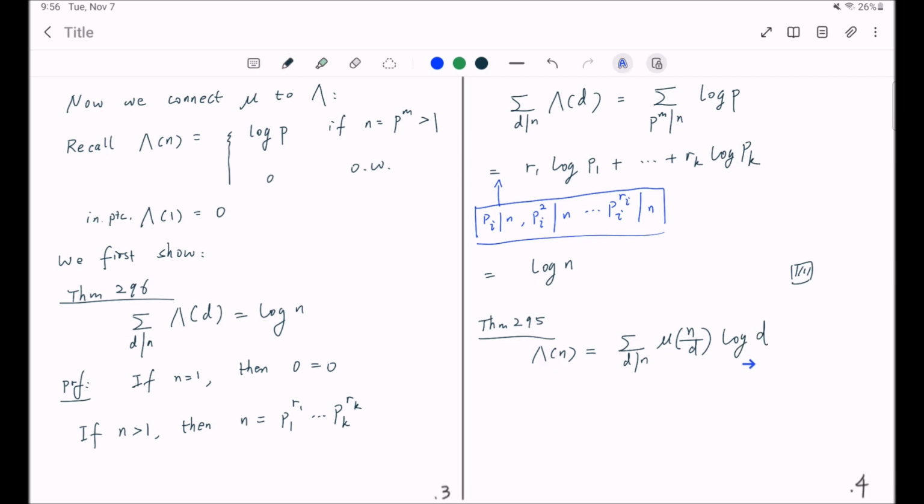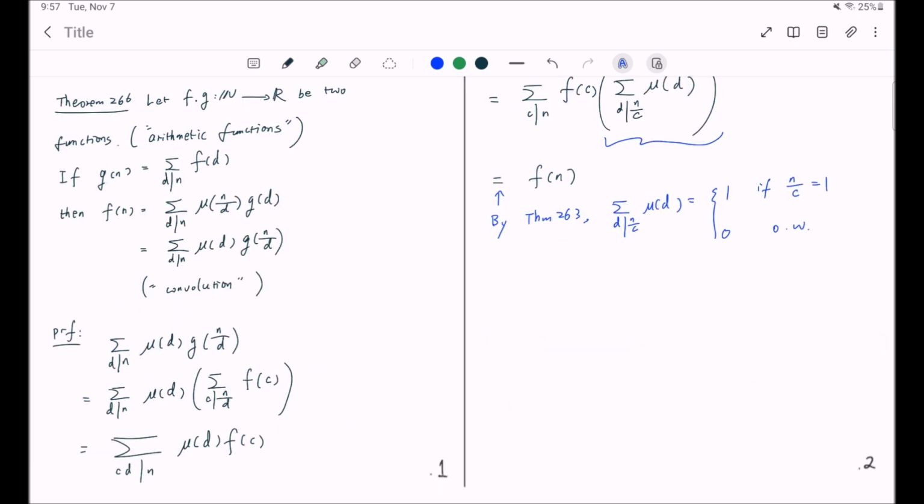As a corollary, let's see why this equality is true. This is true simply because of the Mobius inversion formula, which is theorem 266, together with 296. Because the log function here plays exactly the same role as the function g here.